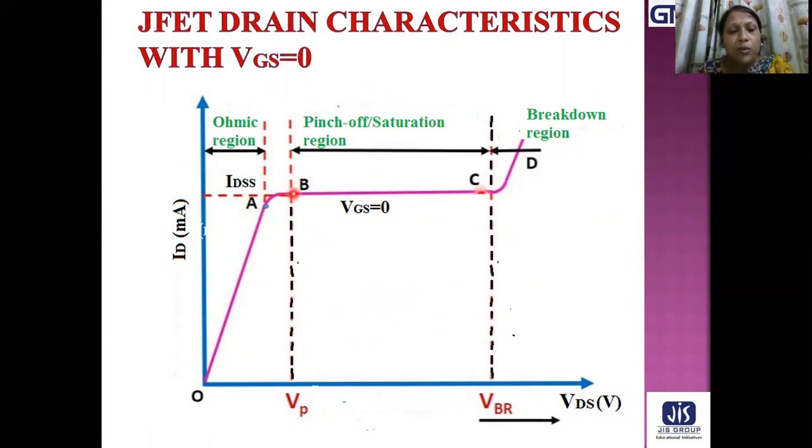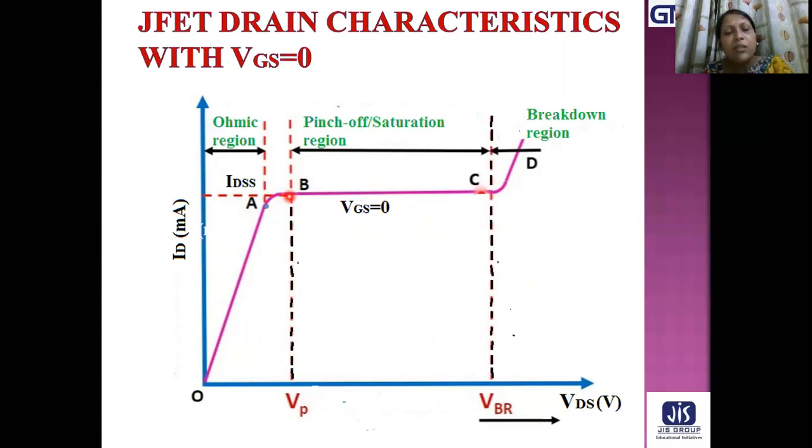The drain to source voltage VDS corresponding to point B is called pinch-off voltage VPO. But it is essential to remember that pinch-off doesn't mean current off. Rather, current is maximum at this point. That means the channel is saturated by the drain current.